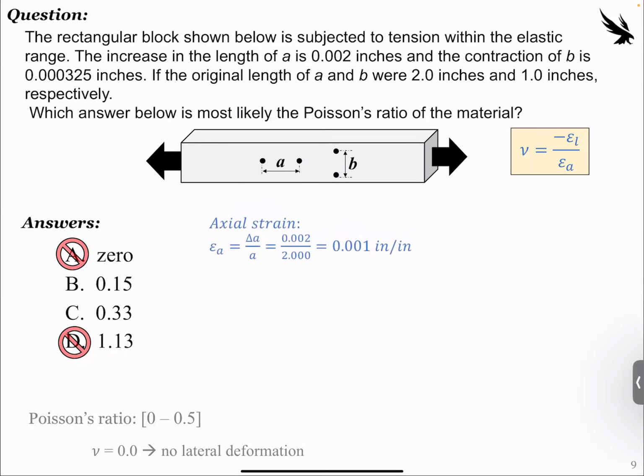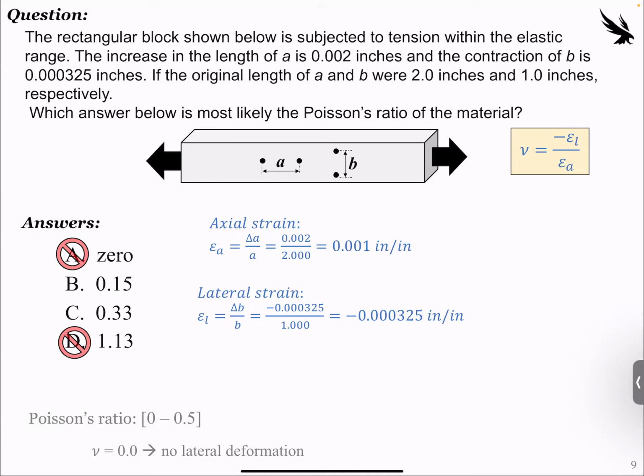Let's actually calculate it. The axial direction is the direction at which the load is being applied, so this is our A direction. 0.002 divided by 2 inches, always ensuring the units are correct such that they cancel out, gives 0.001 inches per inch. For the lateral strain, same thing. I'm putting the negative in there because we know that's going to be a contraction and the other one is going to be an expansion.